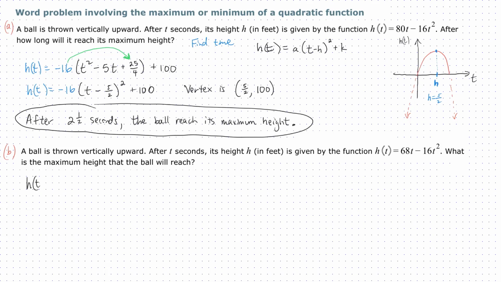H of t is equal to negative 16, and we have t squared. We need a positive 68. So why don't we try 68 over 16 t? Put in parentheses.